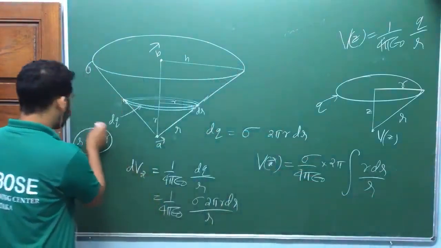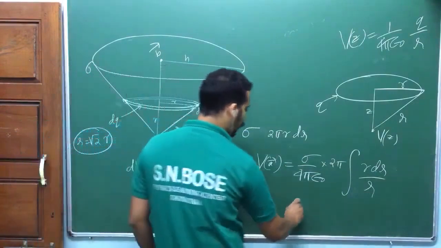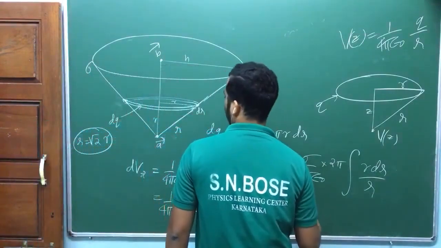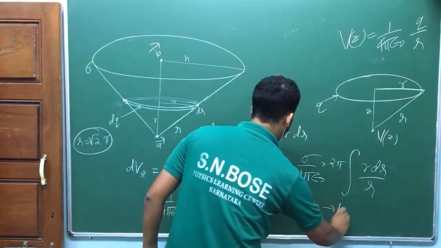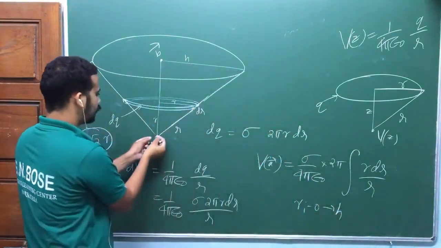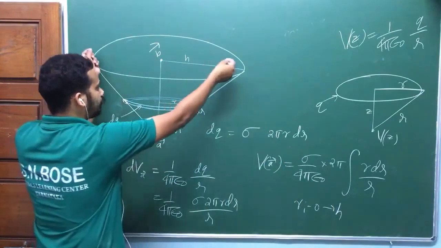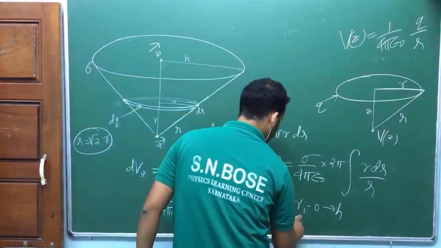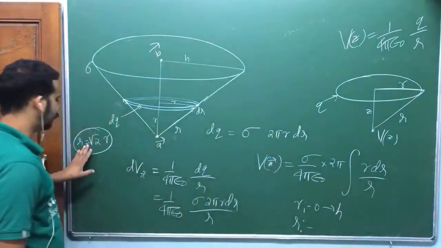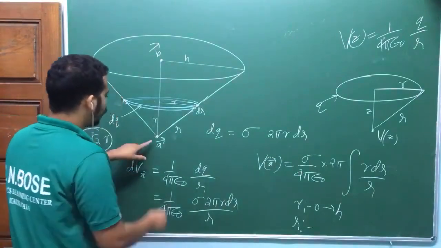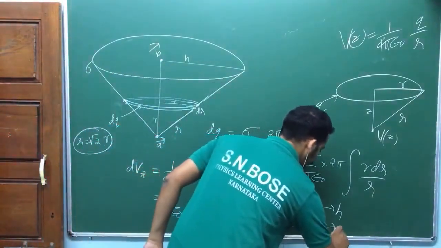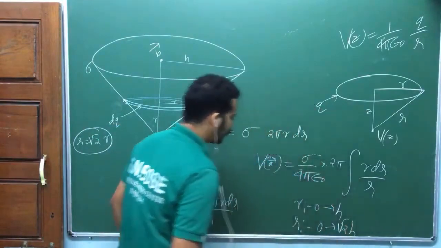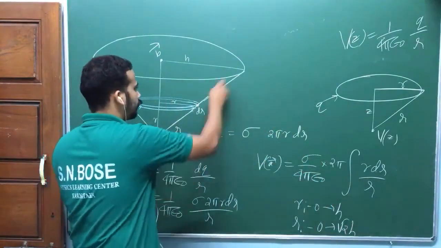Using this equation, r varies from 0 to h. When the ring is here, r equals 0; when the ring is here, r equals h. If you convert that into italic R using this equation, italic R varies from 0 to root 2 h.